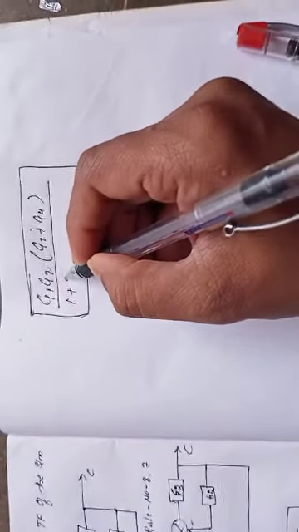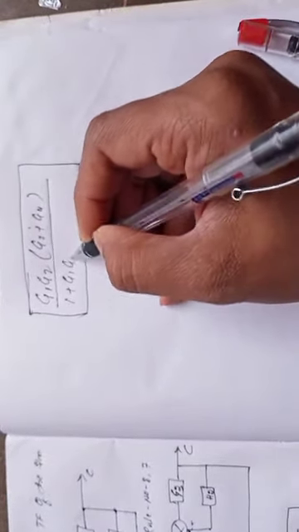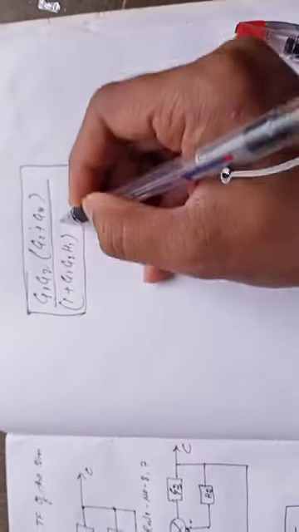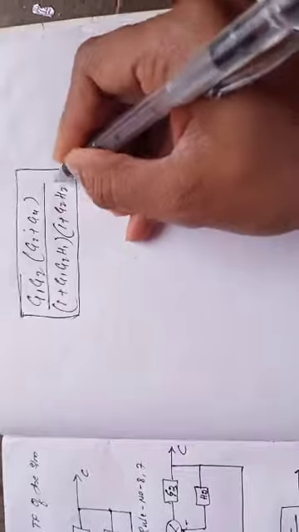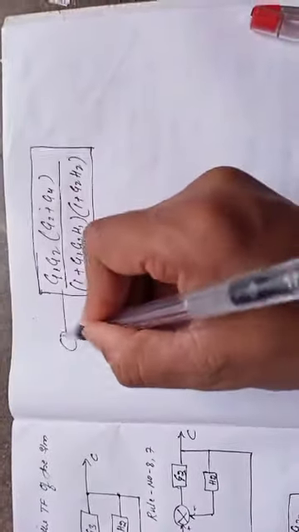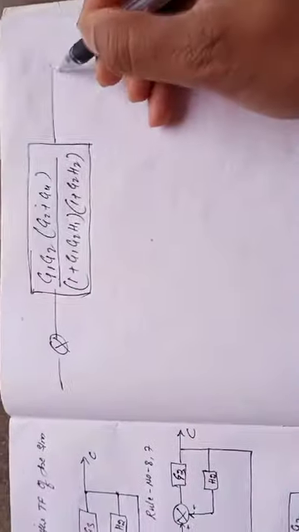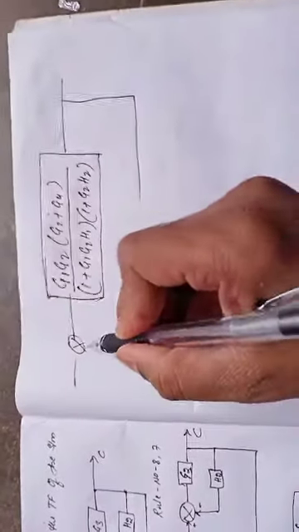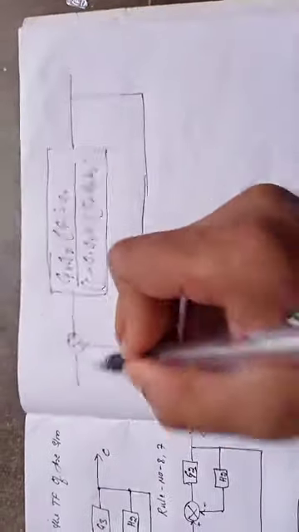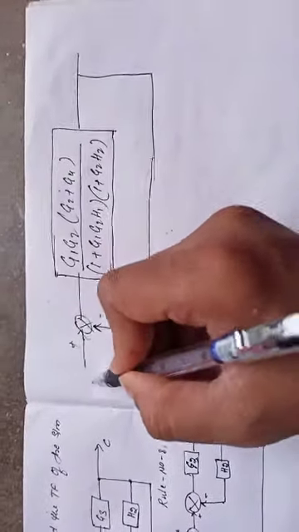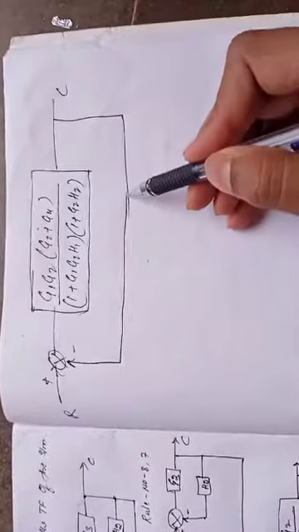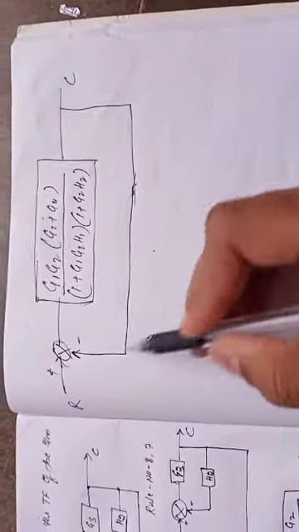1 plus G1 G2 H1 into 1 plus G2 H2, and having the unity feedback. This is negative, and here it is positive, R and C. Now this unity feedback I write directly here.